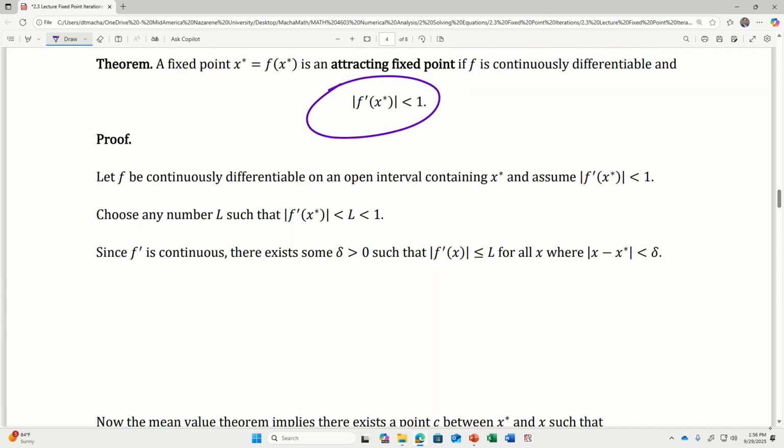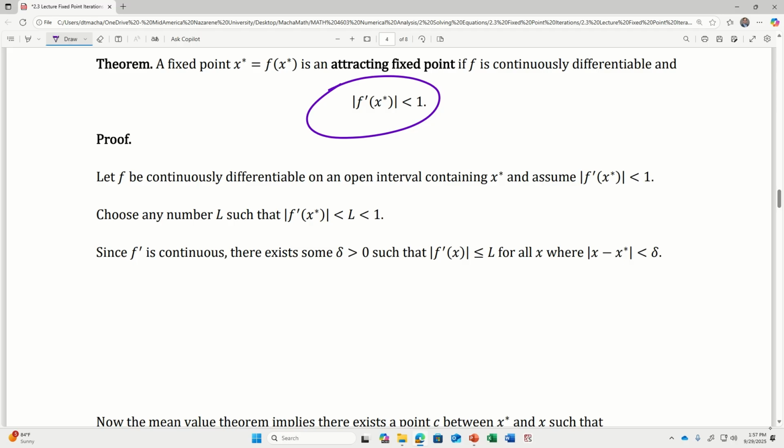So how do we know that a derivative absolute value less than 1 means this is attracting? We would say my function f is nice and continuously differentiable along some open interval containing the fixed point, and assume that the derivative's absolute value is less than 1. Now, choose any number capital L such that, since the derivative's absolute value is less than 1, I can always find a real number in between that and the number 1.